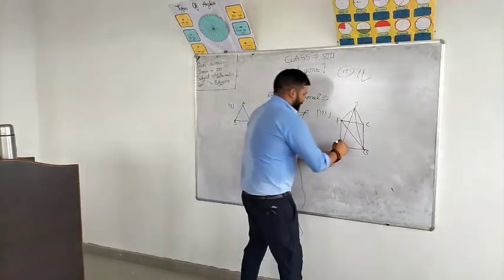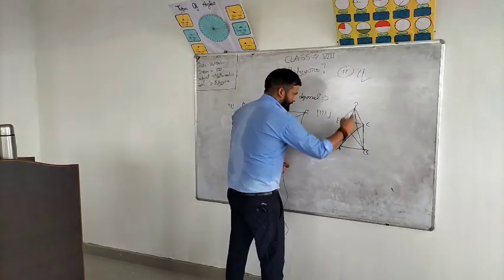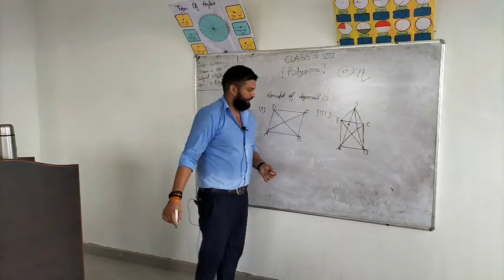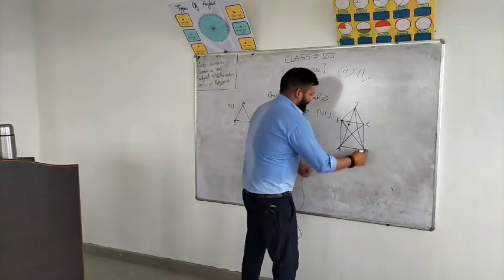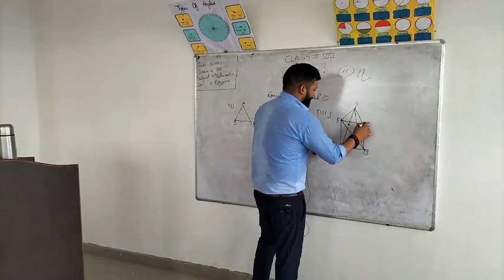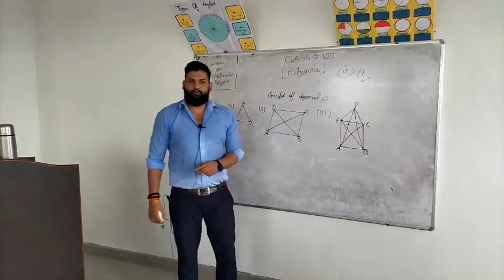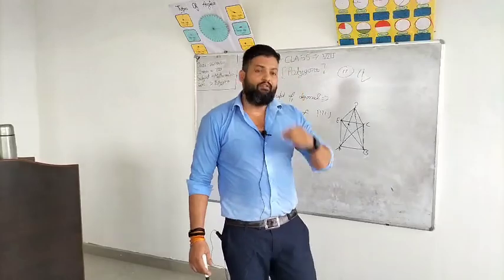From point A you can draw this, and this is already drawn. From point B, this is already drawn. And from point C we can draw 1 and 2. This way we can find the number of diagonals.